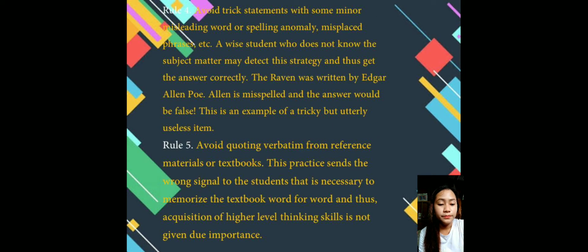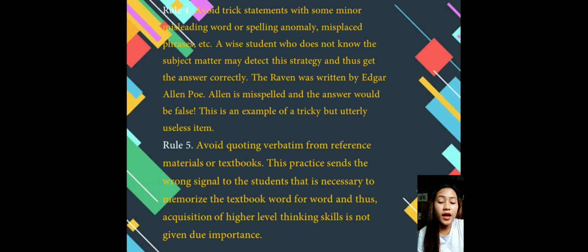Rule number 4. Avoid trick statements with some minor misleading word or spelling anomaly in its place, phrases, etc. A wise student who does not know the subject matter may detect this strategy and thus get the answer correctly. For example, The Raven was written by Edgar Alan Poe.